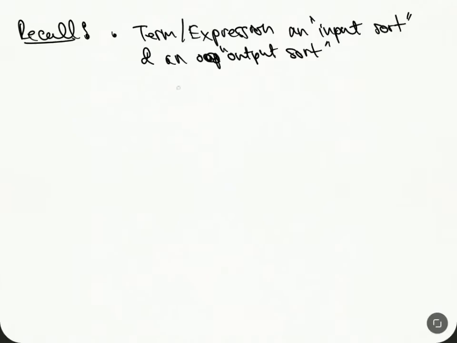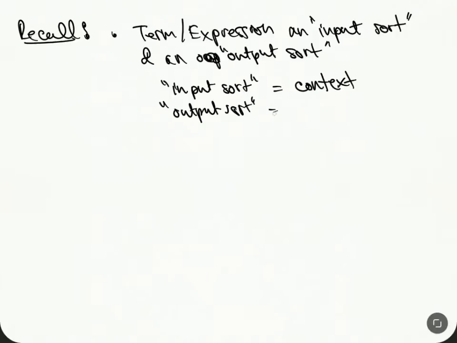The input sort is what we call the context, and the output sort is just the sort of the term.